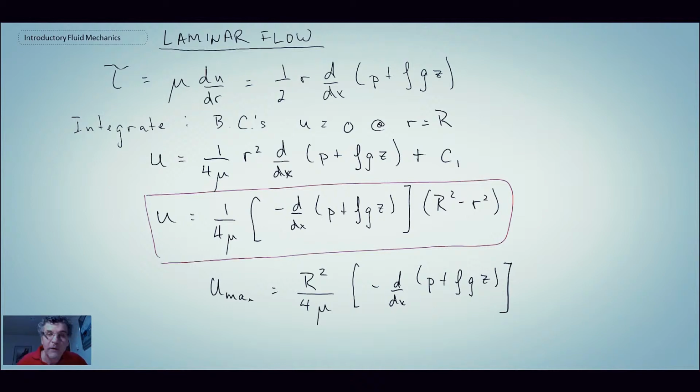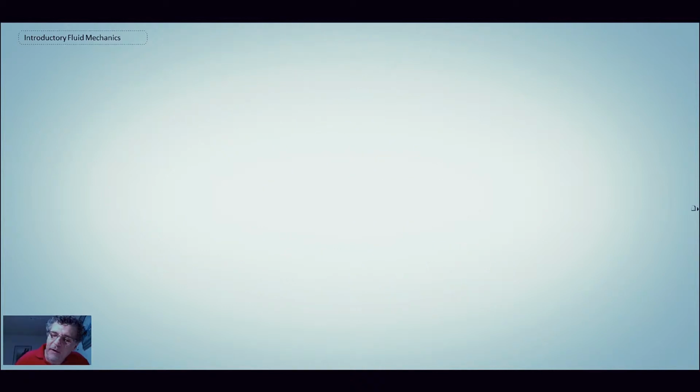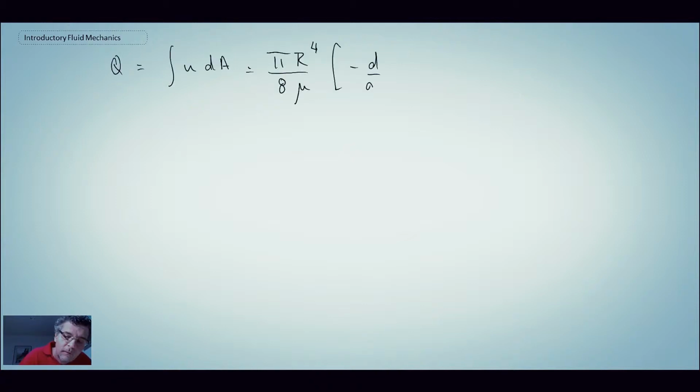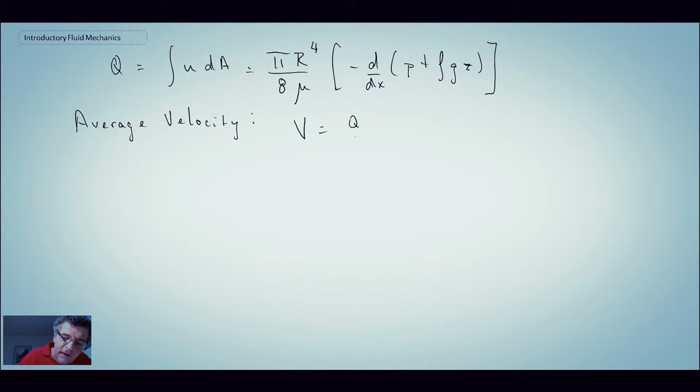Another thing that we can do, if we integrate it with respect to area, we can come up with an expression for the volumetric flow rate in the pipe. And another thing we can say is that the average velocity is the symbol V, and that is Q, the volumetric flow rate, divided by the cross-sectional area.